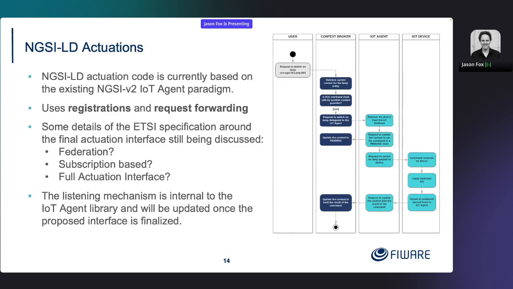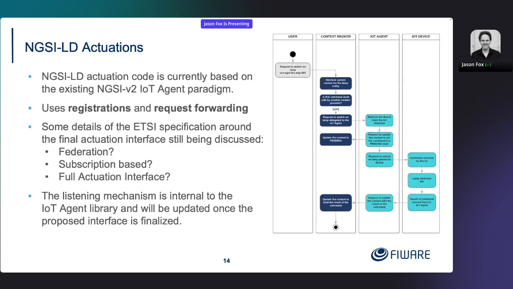If you do a patch onto your context broker to update something, and that particular attribute has been registered as being something else in the real world, like, for example, I'm a ring attribute and I'm a bell, then, because it's registered, the request will be forwarded to whatever's dealing with it, in this case, the IoT agent.